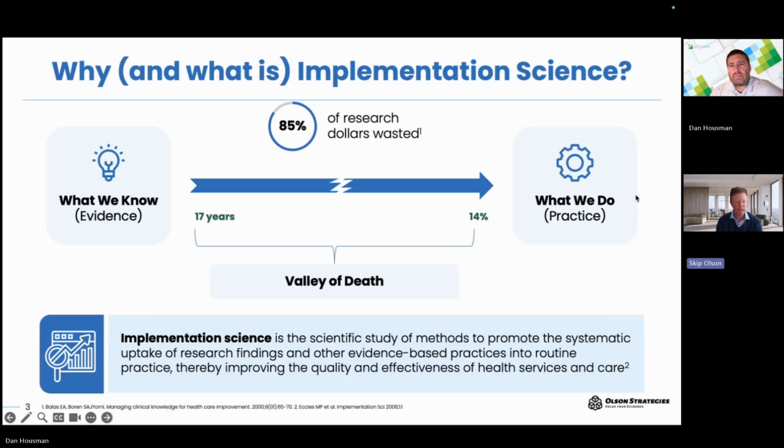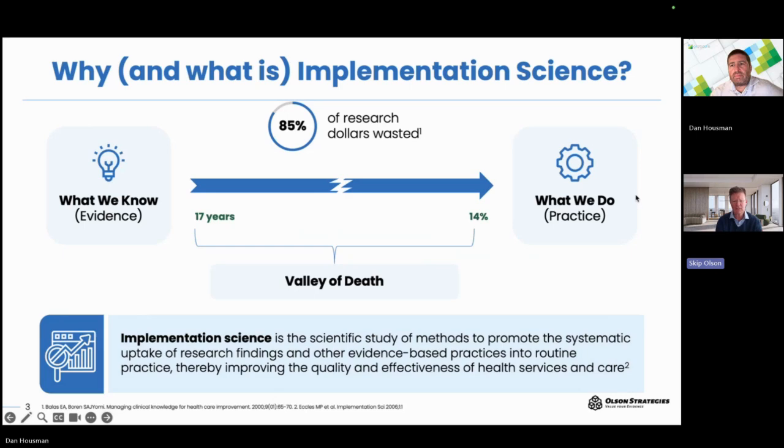And it really is a scientific study with methods that promote the systematic uptake of research findings into routine practice. And it's based a lot on more behavioral methods. And so this is why pharma thinks, oh, I don't want to touch that. That's out of our clear-cut realm of phase 3 randomized trial, easy to set up, easy to interpret, everyone's happy.